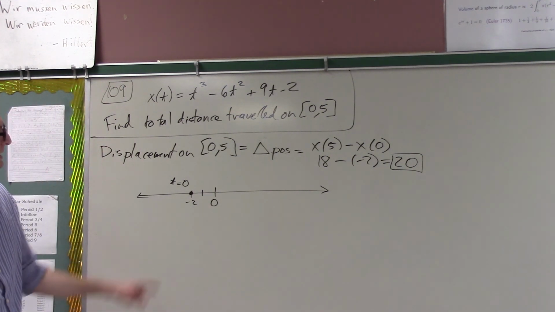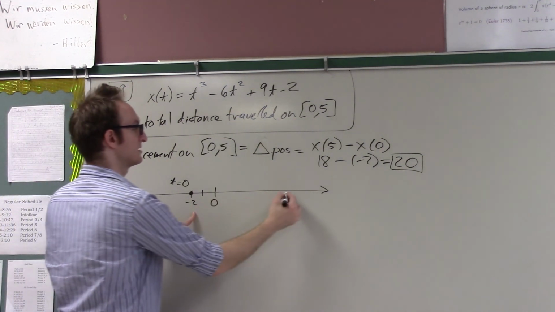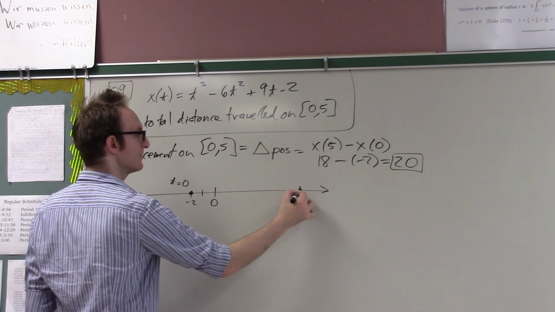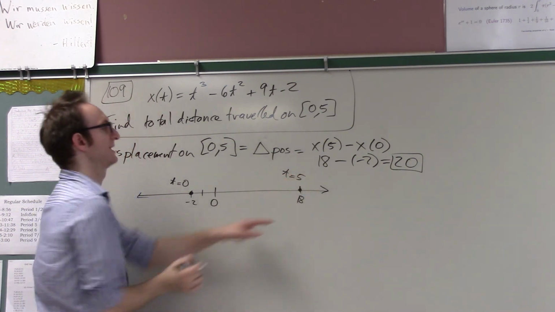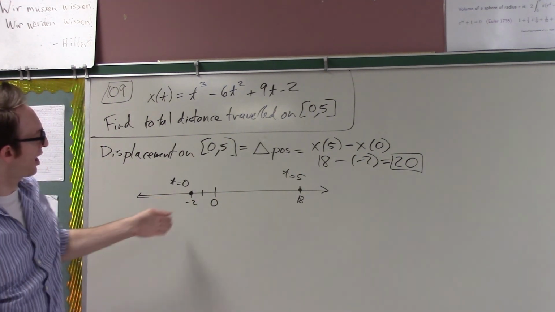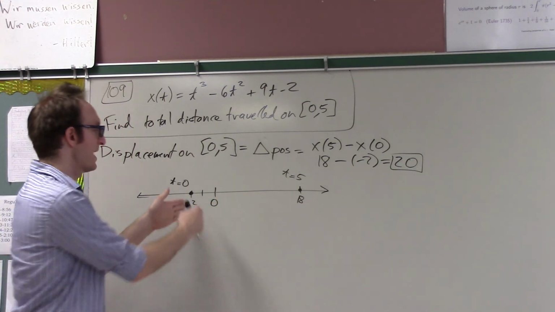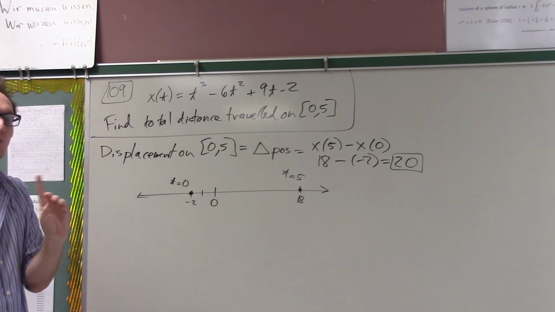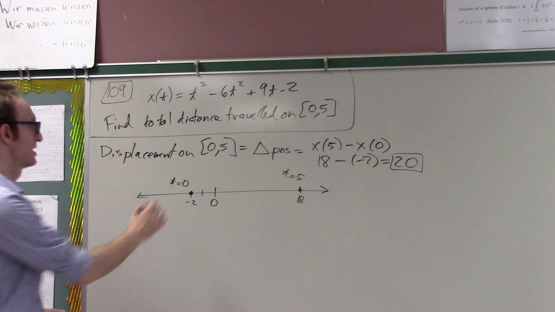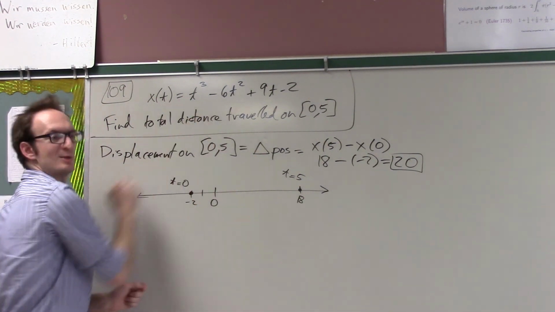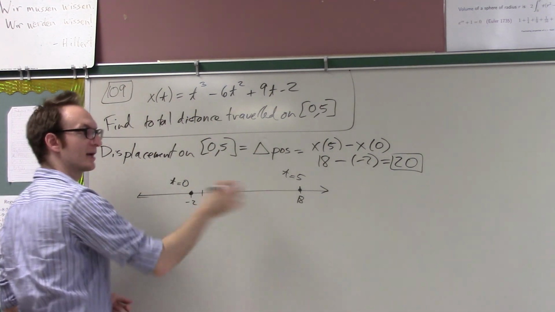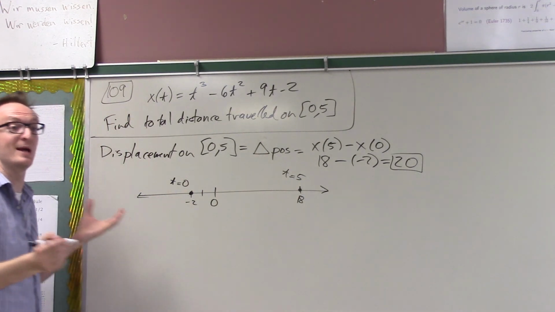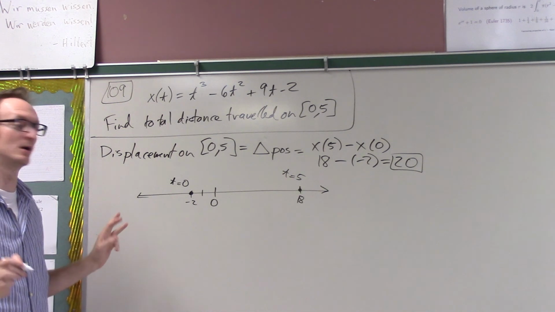And then later on, at time 5, number line not to scale, I'll be here at 18. And thus, on the interval from 0 to 5, my overall change in position was 20. Okay, but that doesn't really capture the true story, because this is a cubic, so it probably does cubic things, right? It probably goes back and forth. And so the total distance traveled is going to be greater than the total displacement. Is everyone cool with that?